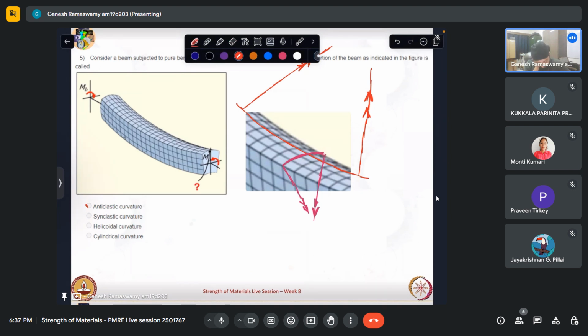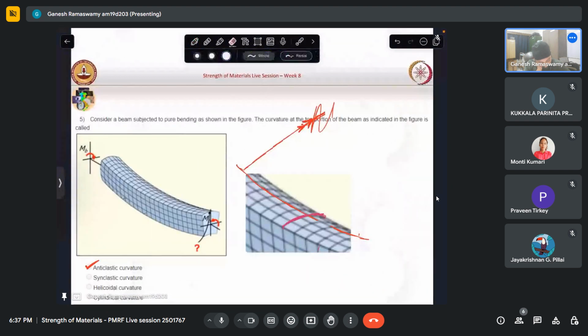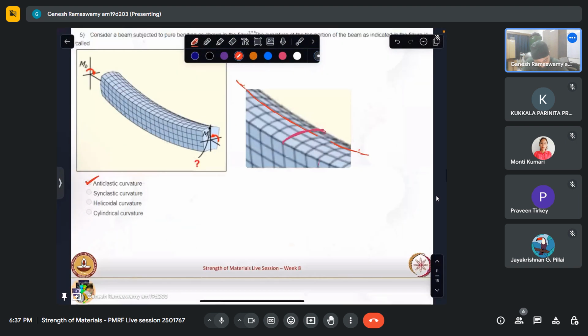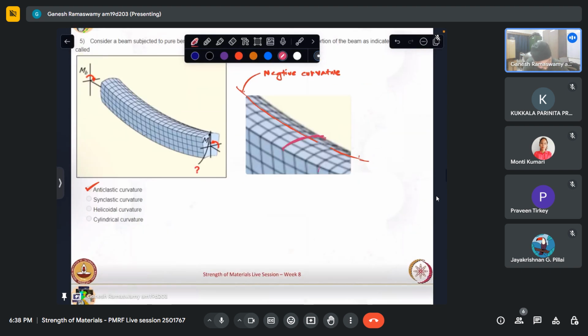So are there any questions at this point? Is it clear what we are discussing? Okay, I take it is clear. So red has a negative curvature. Why? Because it is concave upwards. Concave upwards is negative in mathematics.